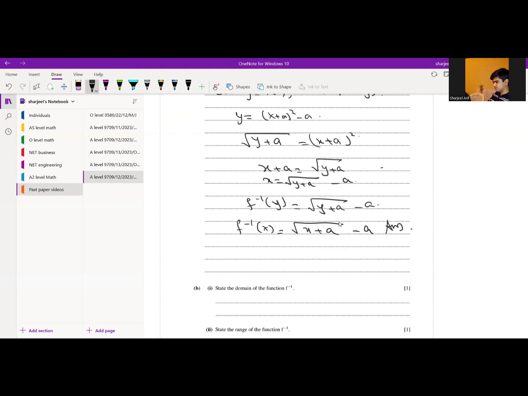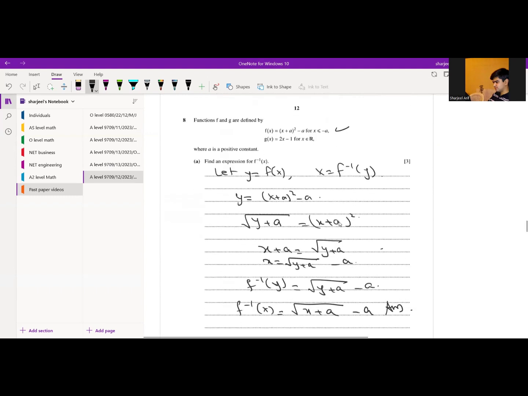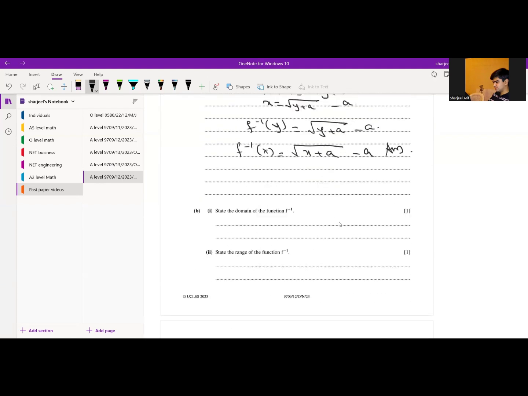So the range of part A is the range of f(x), which is f(x) greater than or equal to minus a. So the domain of f inverse of x will be x greater than or equal to minus a.